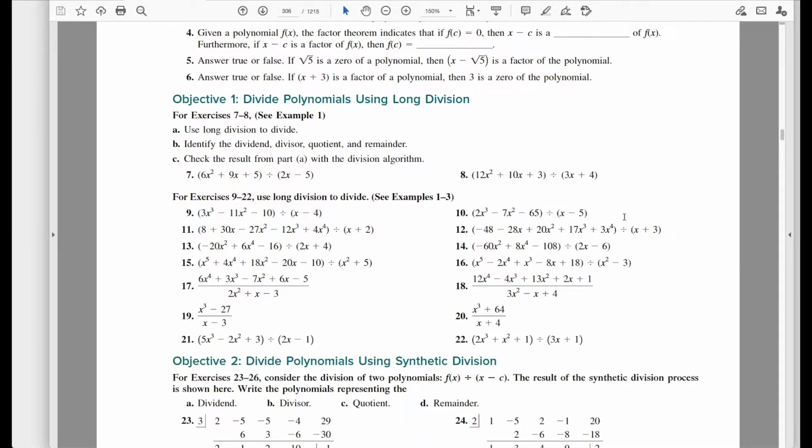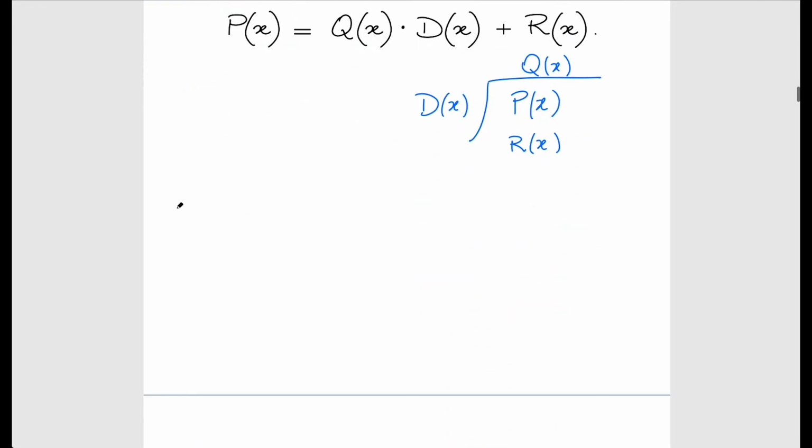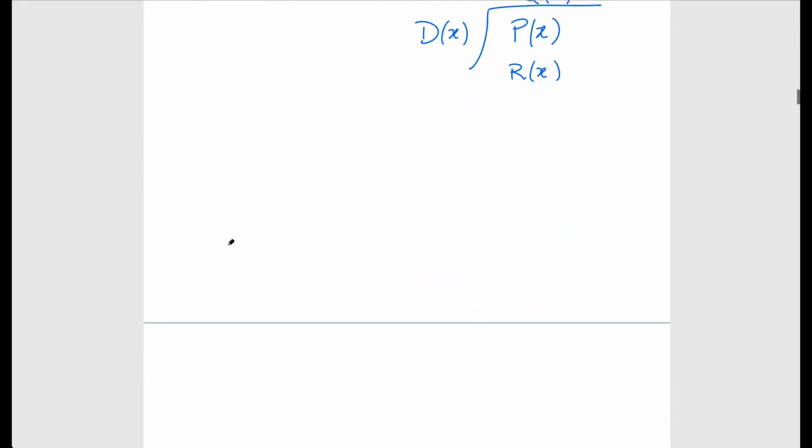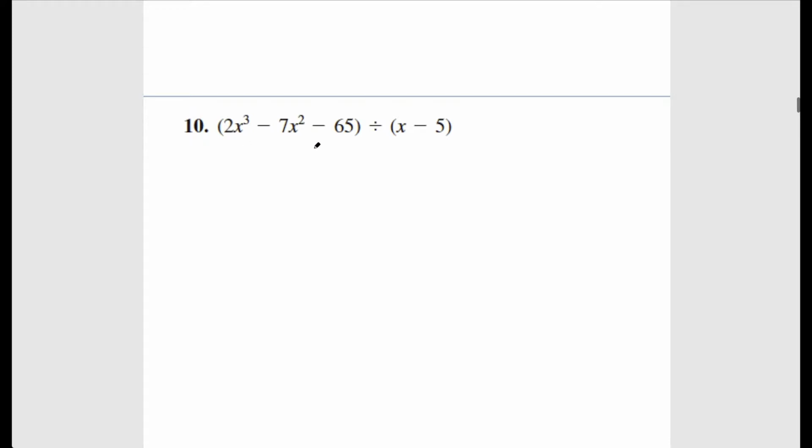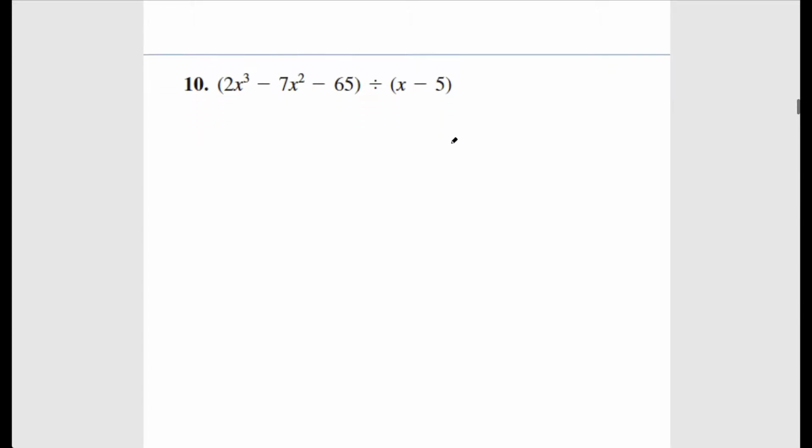So let me copy that. So let's take it here. I need to divide this guy, 2x cubed minus 7x squared minus 65, by x minus 5.